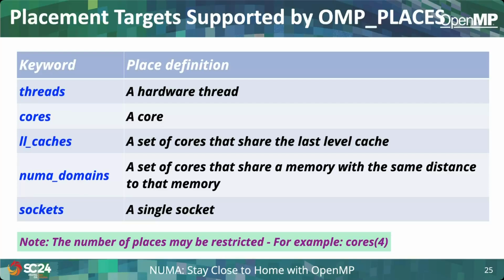That last one is not very meaningful. I think that gives a lot of flexibility, but you can say, I don't want you to use other sockets in my system, for example, because you can give a number. You can give a number with those names. For example, if you say cores 4, then that means I only want you to use 4 cores. In that way, you can restrict it.